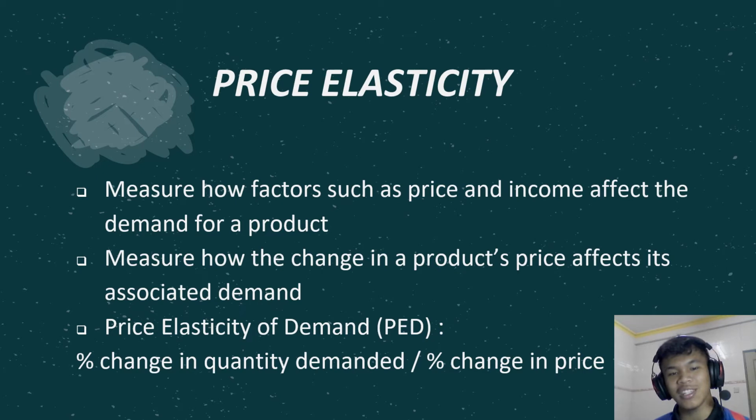Price elasticity measures how factors such as price and income affect the demand for a product. It also measures how a change in a product's price affects its associated demand. There are two formulas to calculate the price elasticity. The first one is percentage change in quantity demanded over percentage change in price.